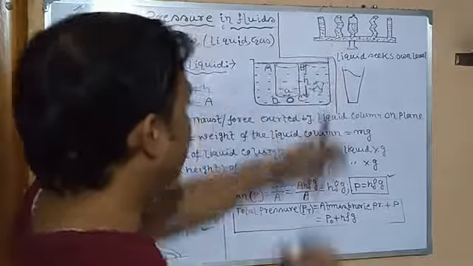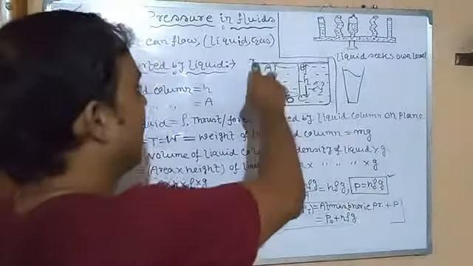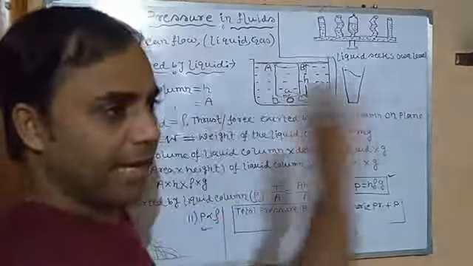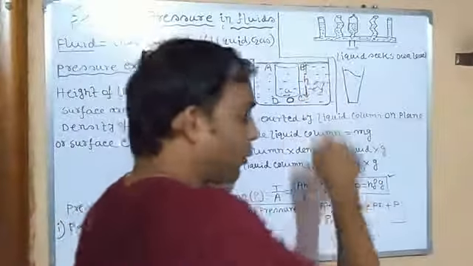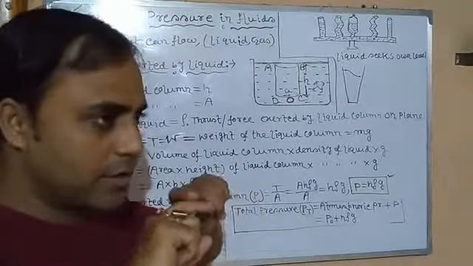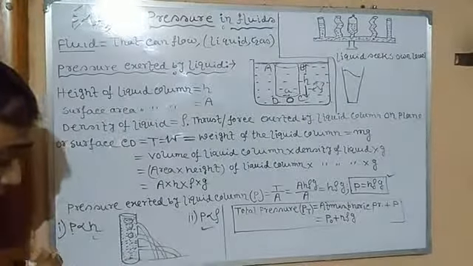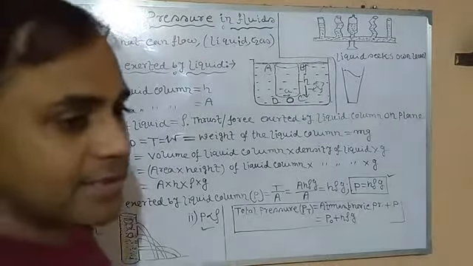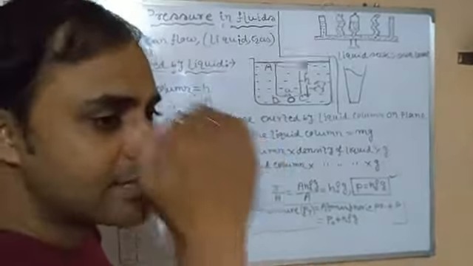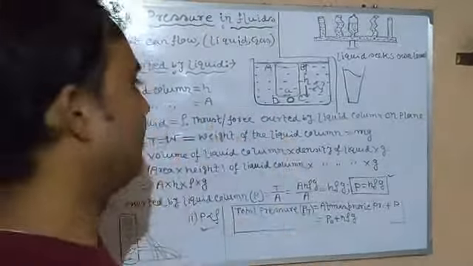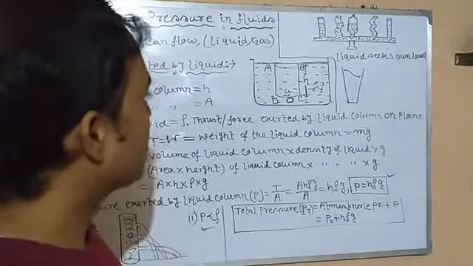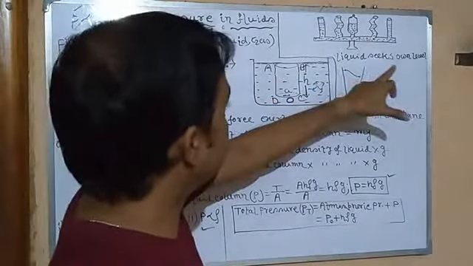Because in a stationary liquid, the pressure exerted at points on the same surface is the same, and at a particular point it exerts the same pressure in all directions. And liquid always seeks its own level, which means it maintains the same level. Clear? Now you can see the liquid seeks its own level.